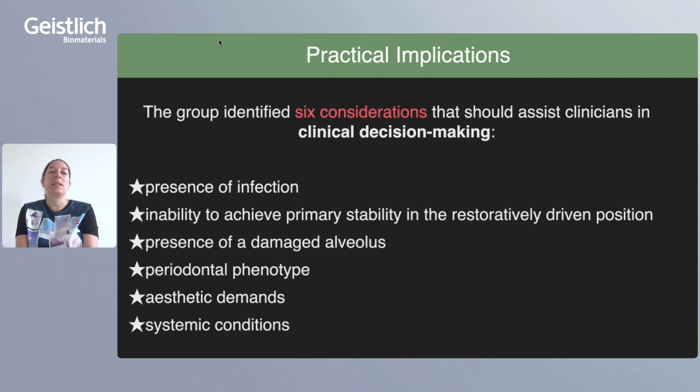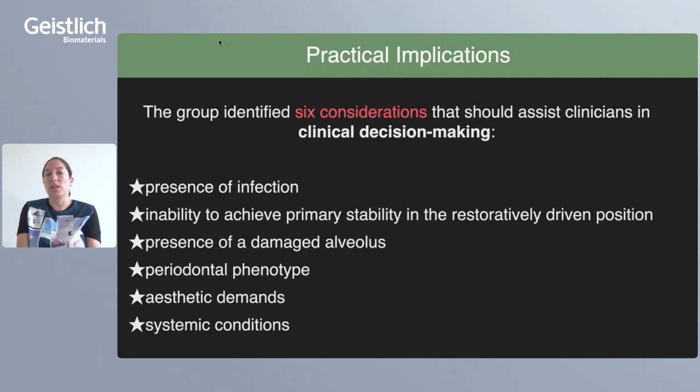Regarding the survival of the implants, we have to have an ability to achieve primary implant stability when placing our implants, and we would like the implant to be in a correct restorative position.